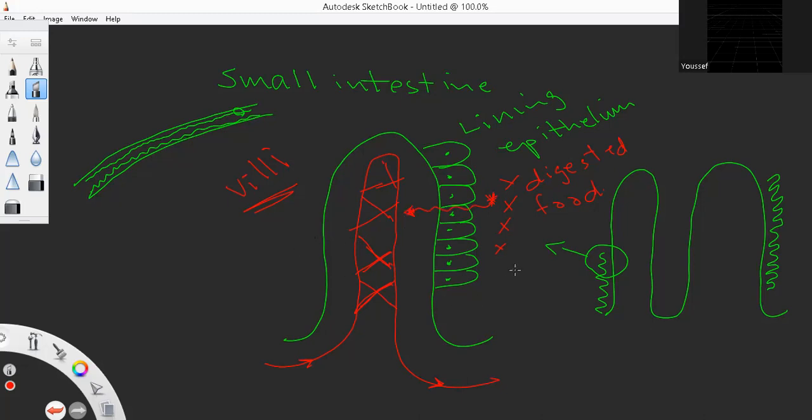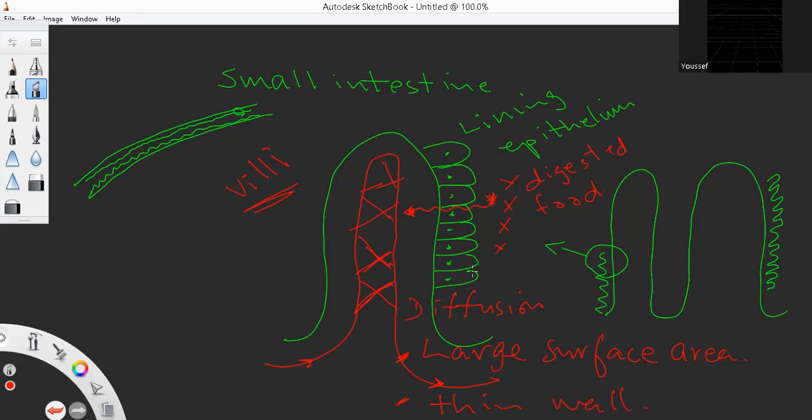So, what facilitates this diffusion? The large surface area and the thin wall of the small intestine. What does thin wall mean?